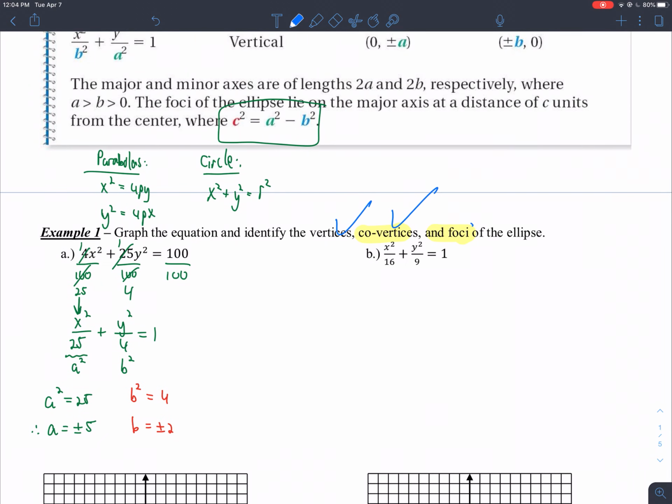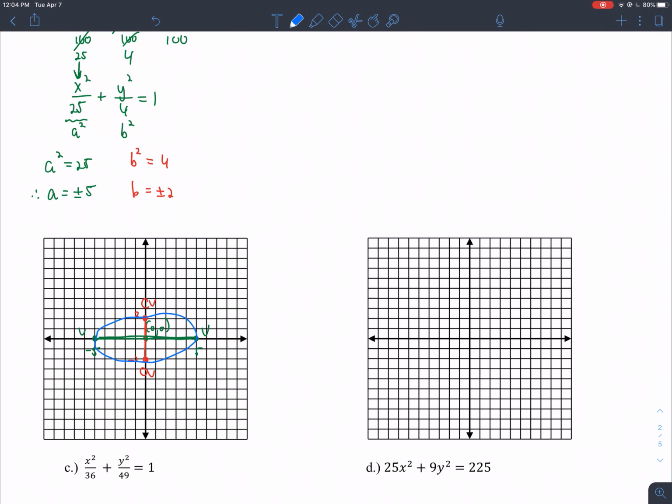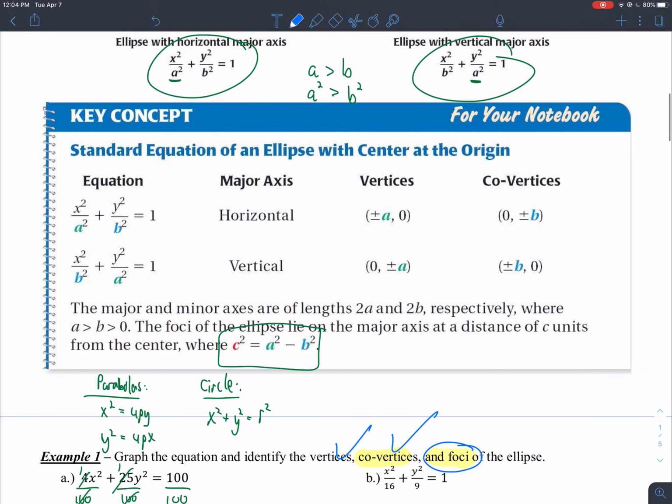The way you find that is to use the formula that was given to you here. The focus and the vertex and co-vertex are related this way. So you do c squared equals a squared minus b squared. c squared is 25 minus 4, so c squared is 21, and then you take the square root of both sides, so c is plus or minus root 21.